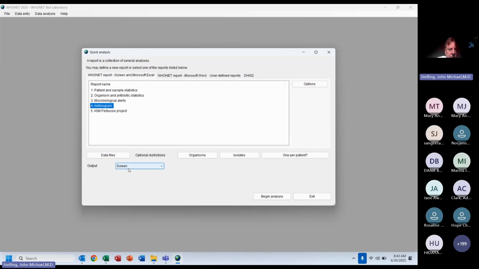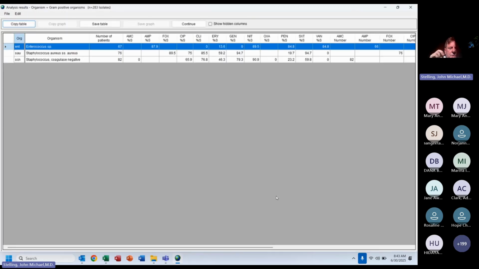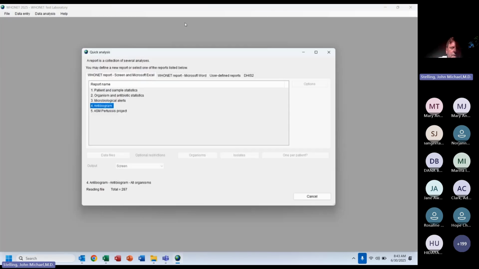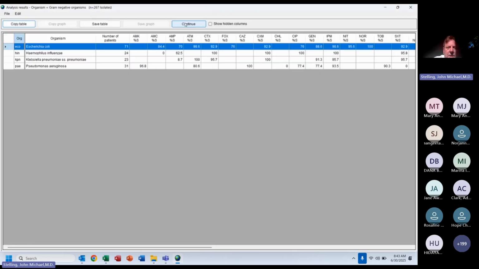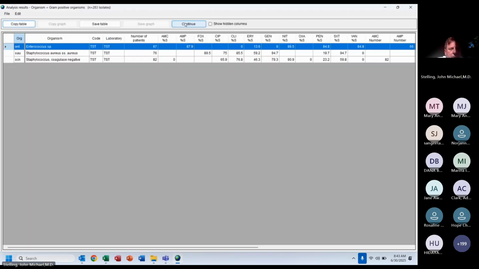I can see this on the screen, or I can go to Excel. I'm going to click on Begin Analysis. And this is the traditional gram-positive antibiogram, number 1. I'm going to click on 2. The traditional gram-negative antibiogram. Continue. This is the antibiogram by laboratory. There's only 1 lab, so you only see TST.